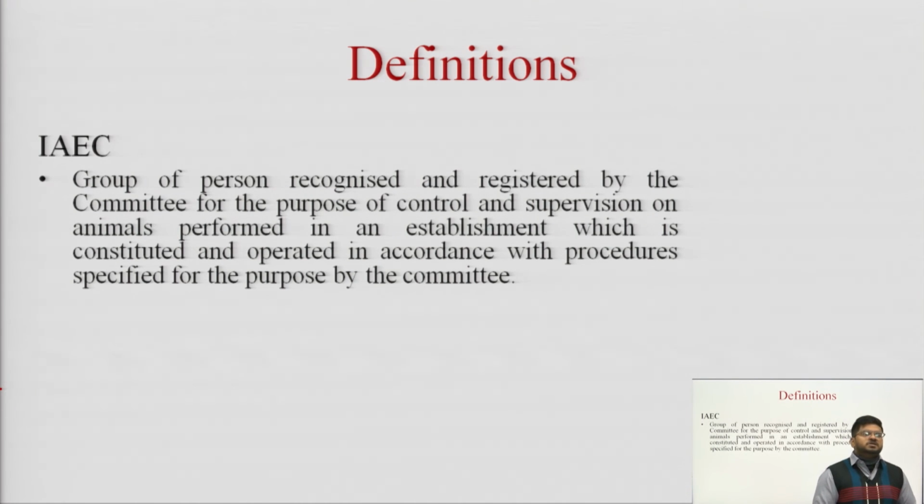Then definitions, Institutional Animal Ethical Committee. We have understood that it is a group of 8 members, recognized and registered by the committee for the purpose of control and supervision of animal experiments performed in an establishment, constituted and operated in accordance with the procedure specified for the purpose by the committee.